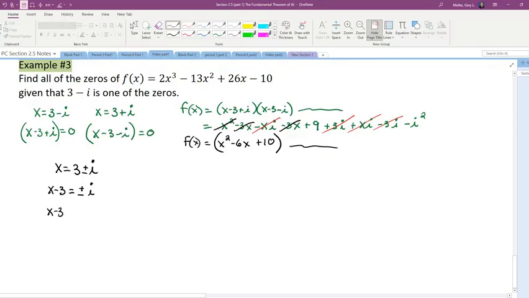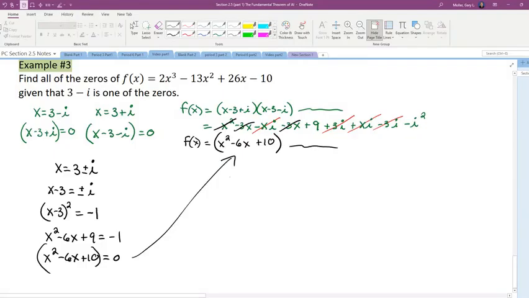So I get x minus 3 quantity squared on this side, and over here I get i squared, which is just negative 1. If I FOIL this out using our quick shortcut, that's just x squared minus 6x plus 9 equals negative 1. If I move the 1 over now, x squared minus 6x plus 10 equals 0. There is my factor that we found a much harder way.